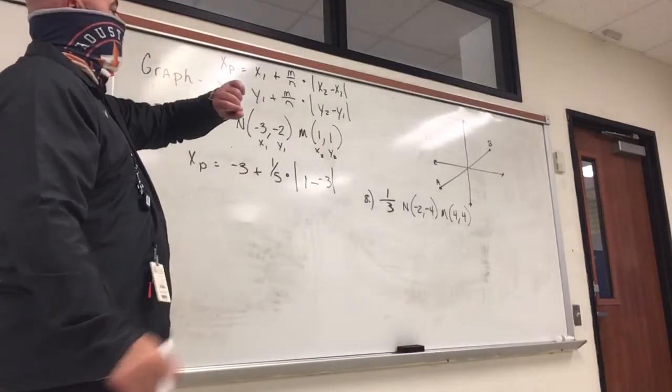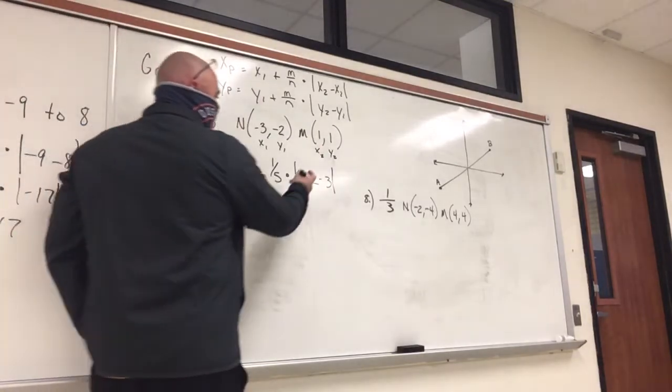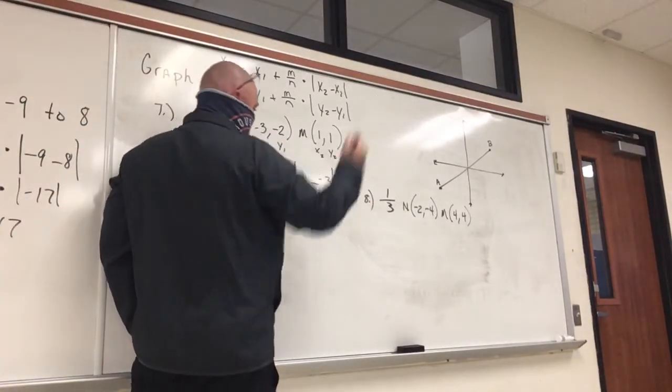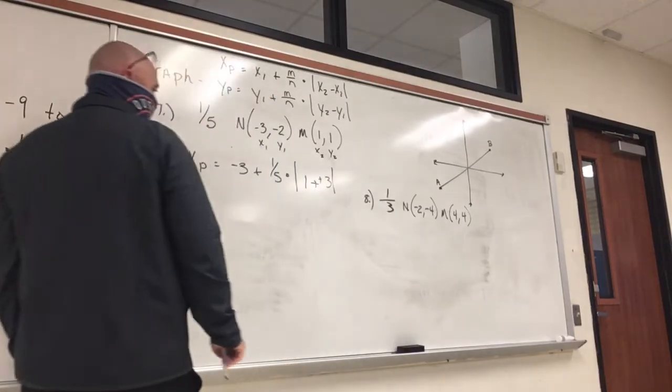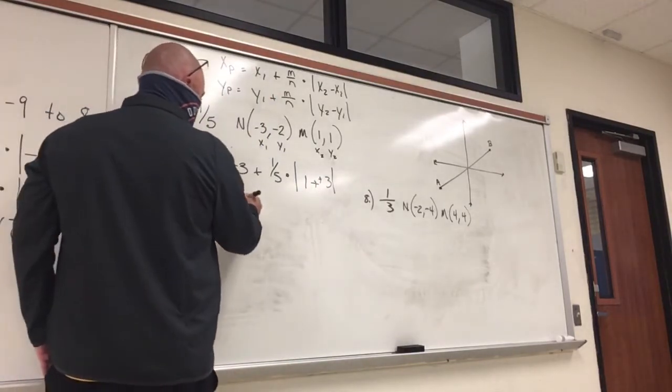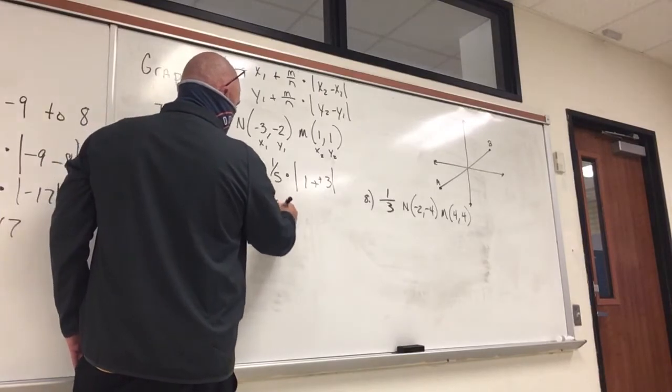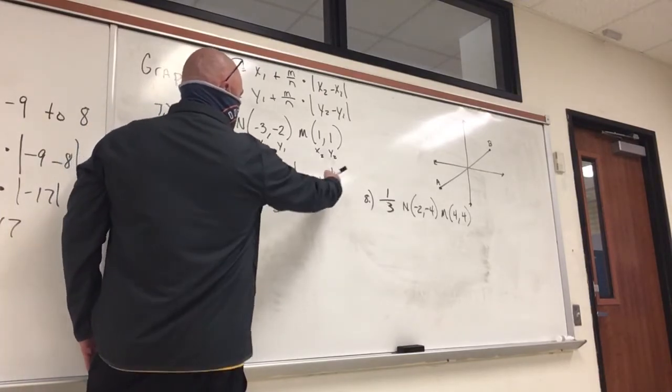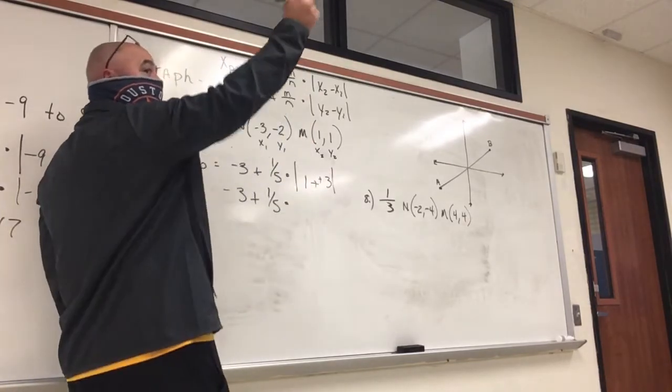Alright? So here we go. Minus a negative makes a plus. Negative 3 plus 1/5 times absolute value of 1 plus 3 is?